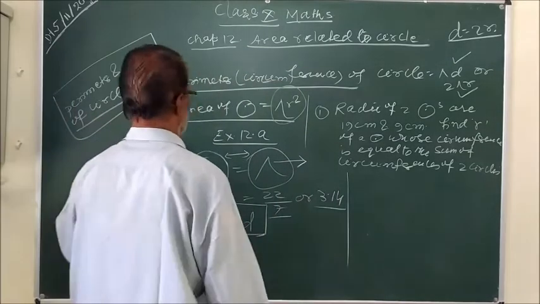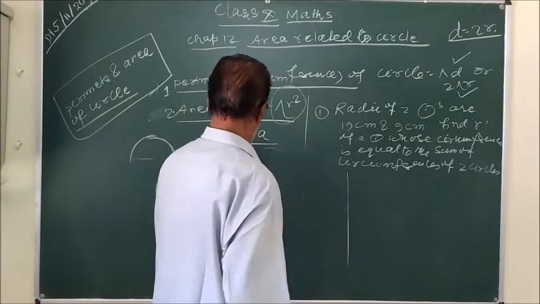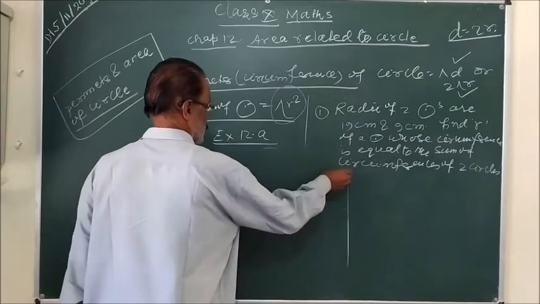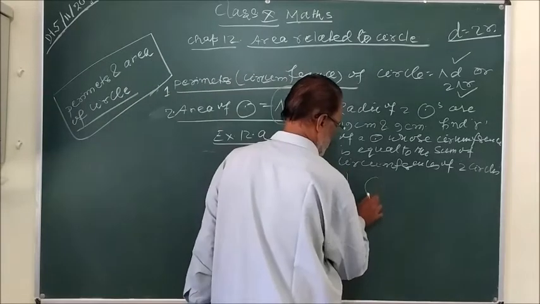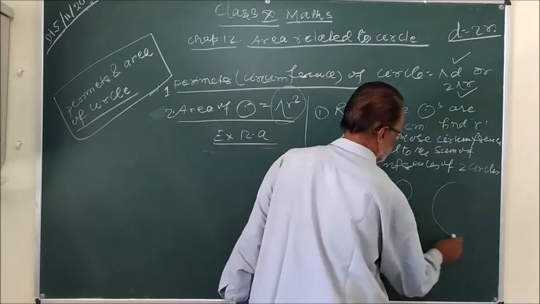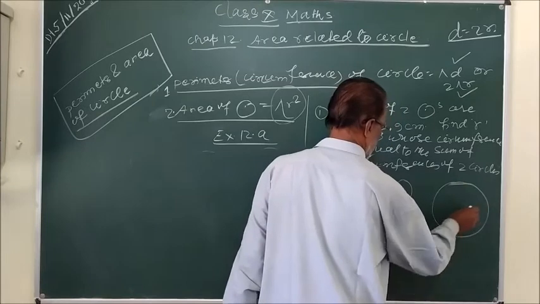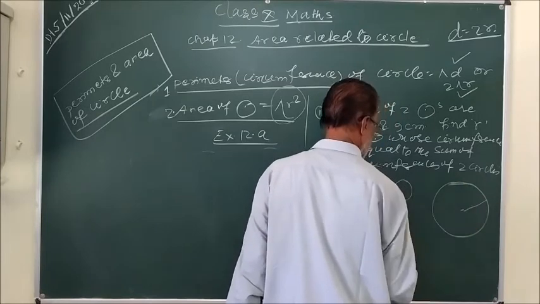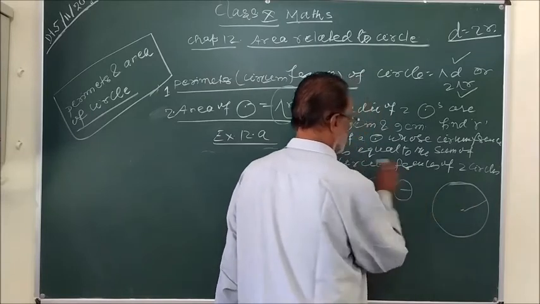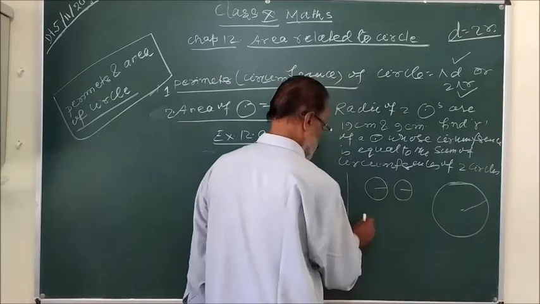Now you see question number 1, Exercise 12.A. You see the radii of 2 circles. Suppose these 2 are circles, and you have to find the radius of the circle whose circumference is equal to the sum of the circumferences of these 2.